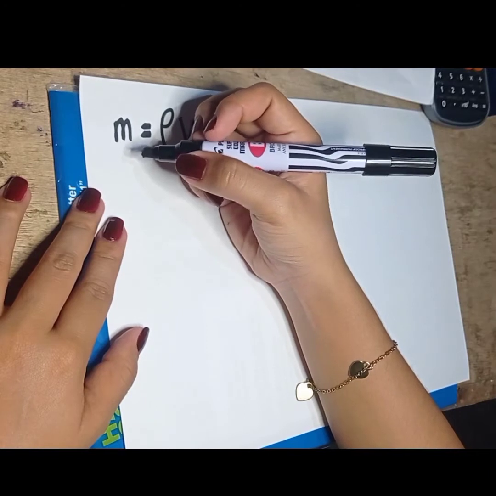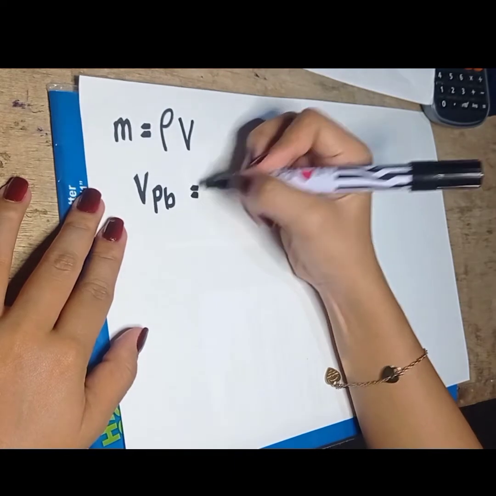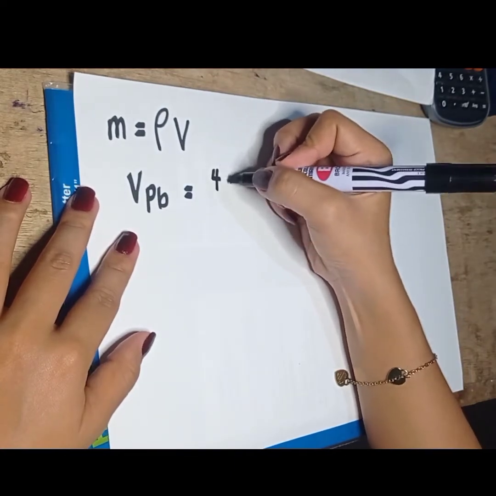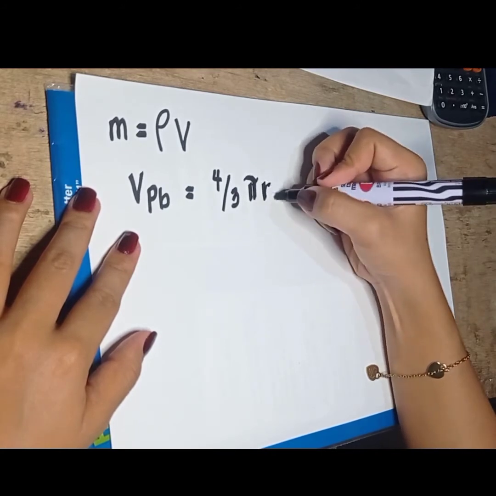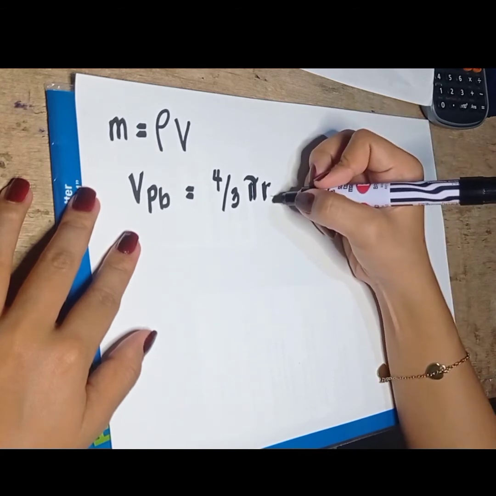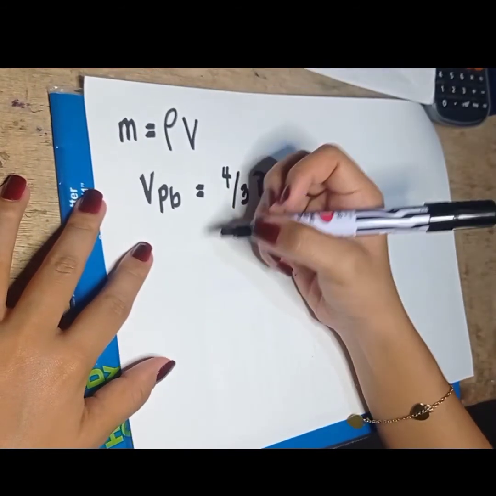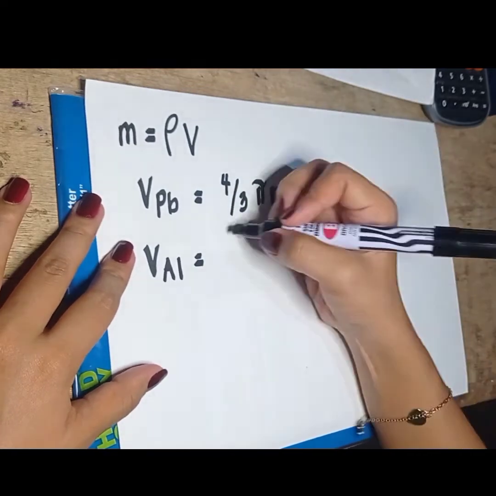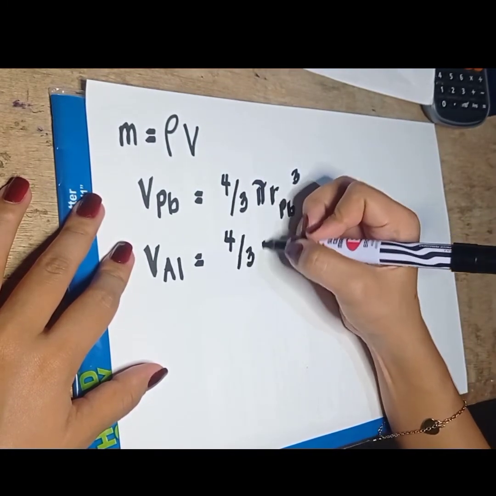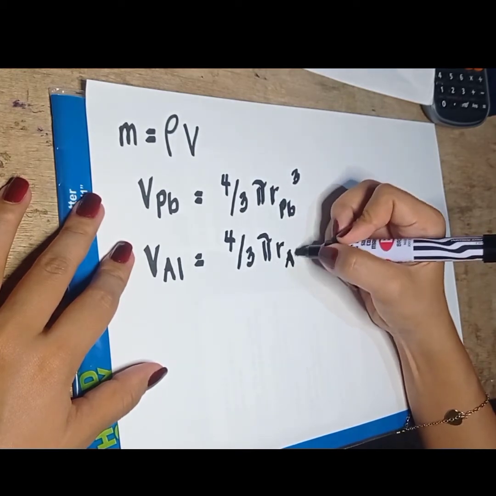The volume of the lead sphere is 4/3 pi radius of the lead cubed. And next is the volume of the aluminum sphere. It is the same, 4/3 pi radius of aluminum cubed.